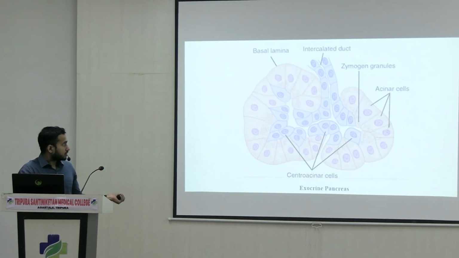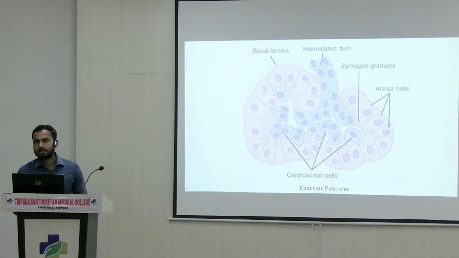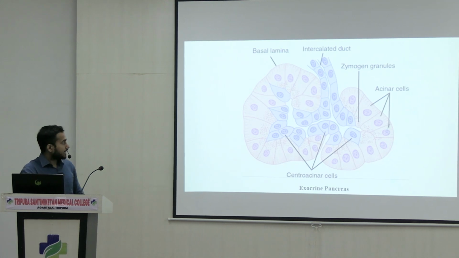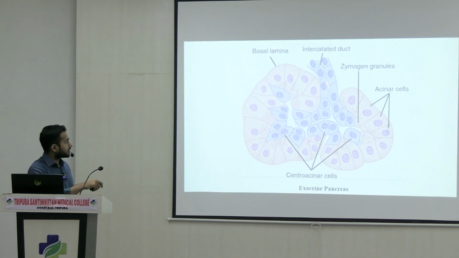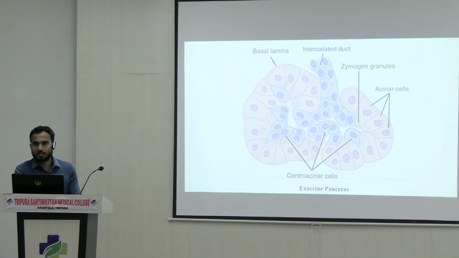Now here you can see the diagram of the pancreatic acini. This is one acinus, where these are the acinar cells, and at the apical part of the acinar cells you can see the zymogen granules, from which the secretion is taking place. Next, this is the duct, the intercalated duct, which is invaginating into the acini.